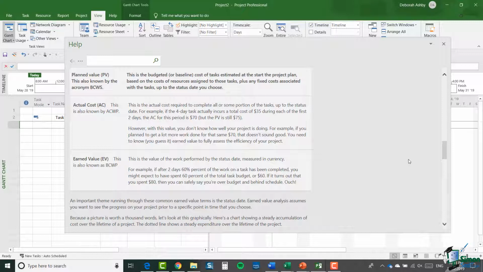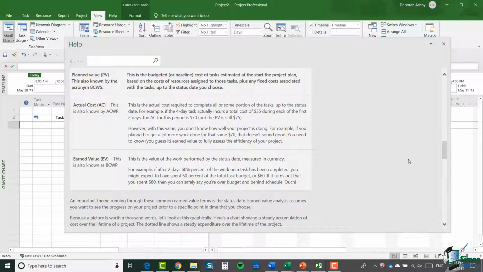So the difference between the first one and the third one, which are both budgeted cost, is the first one says what was the budgeted cost of the work we were scheduled to perform, and the third one, BCWP, what was the budgeted cost of the work we've actually performed. And the middle one is the actual cost of the work we've actually performed.